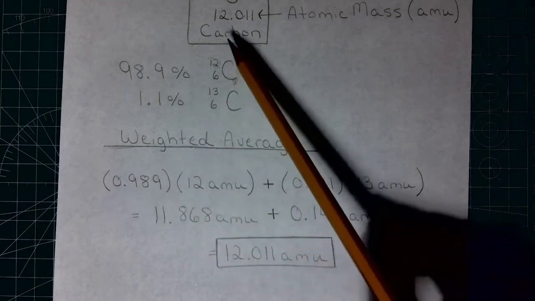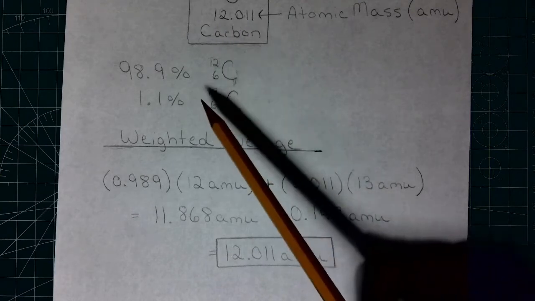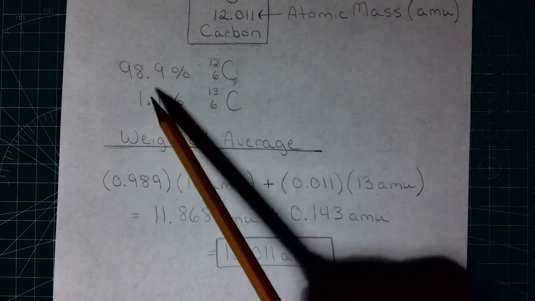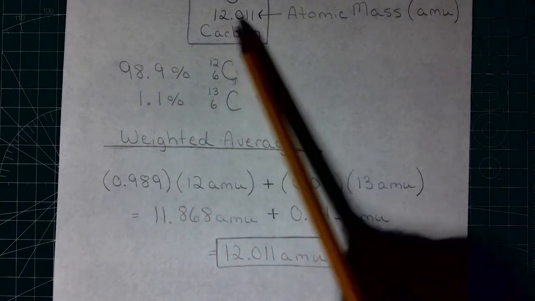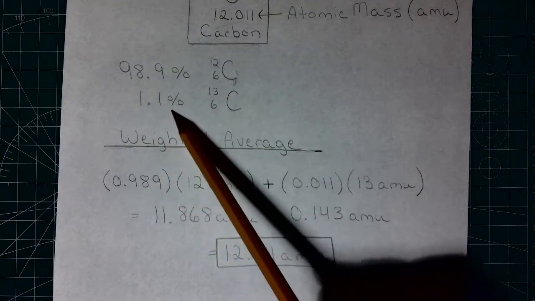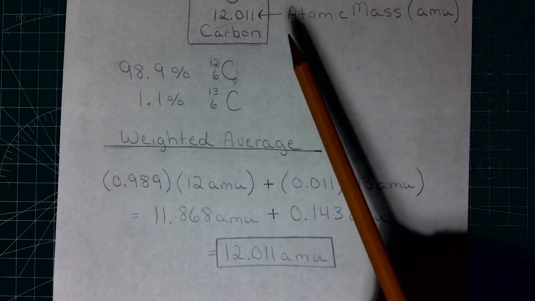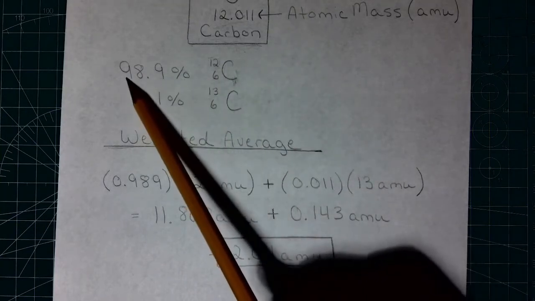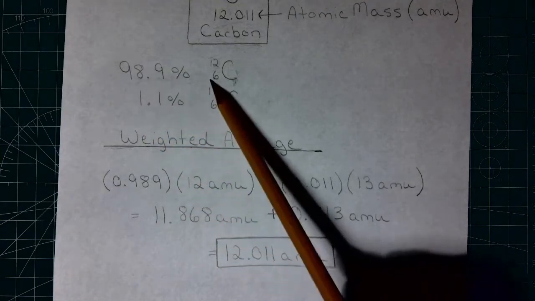So, if I put on my periodic table just 12 here, well, I'm going to be a little off on pretty much every calculation I ever make with this. Matter of fact, I'm going to be 1.1% off. And that is in the best case scenario, where the majority of all of the element is one form.